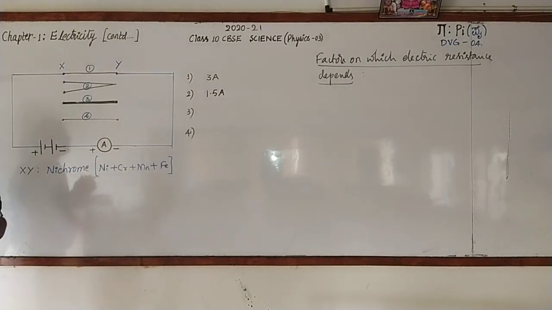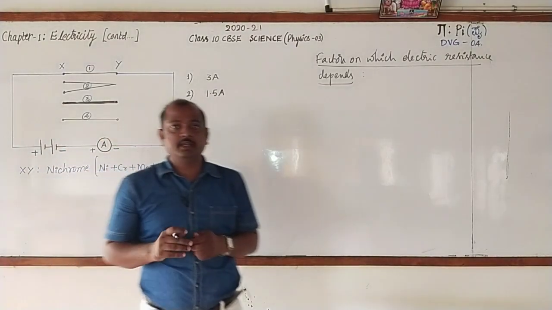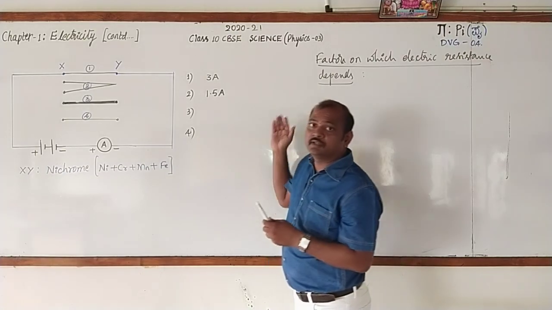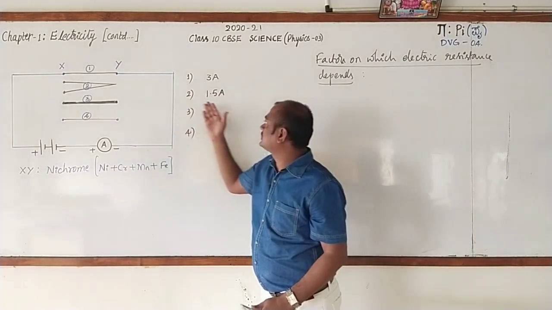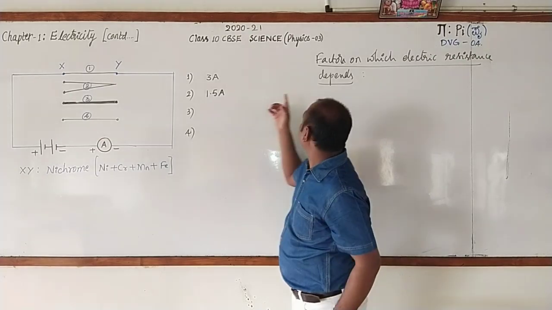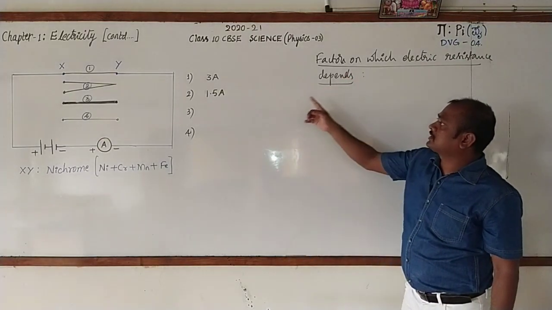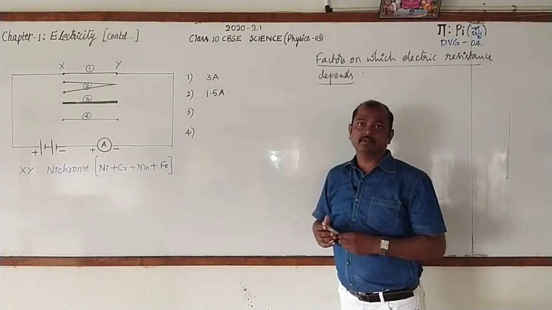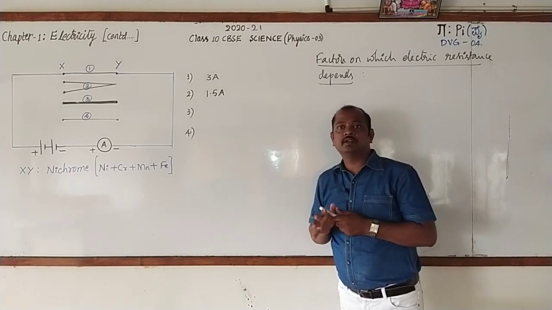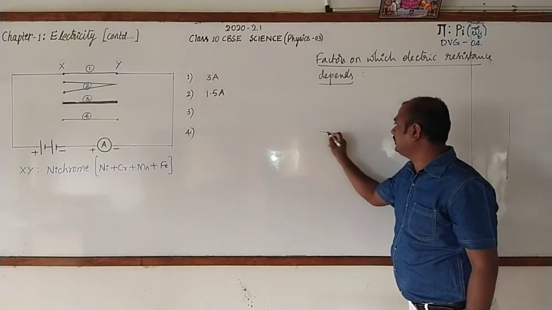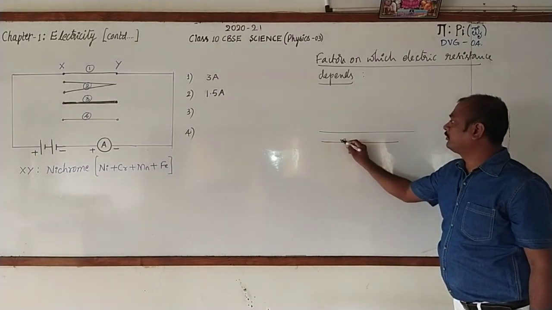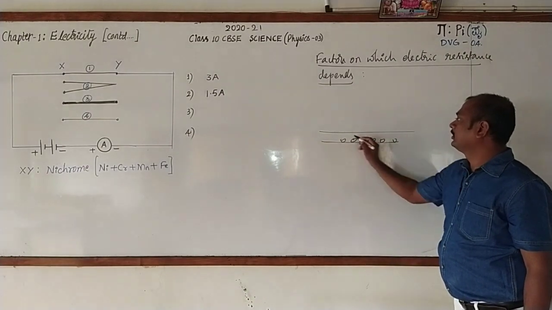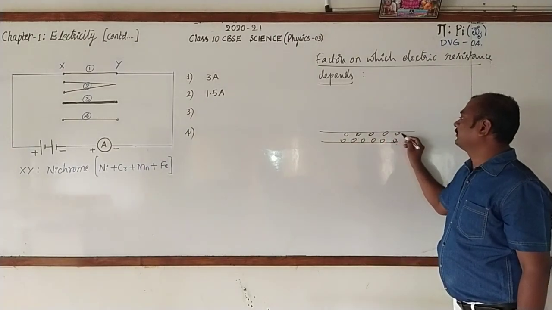You may be thinking how this is possible. Let me explain. Here, as the length of the conductor increases, the current is decreasing, because the electric resistance is increasing. Look, here there will be a number of atoms. It's a conductor.